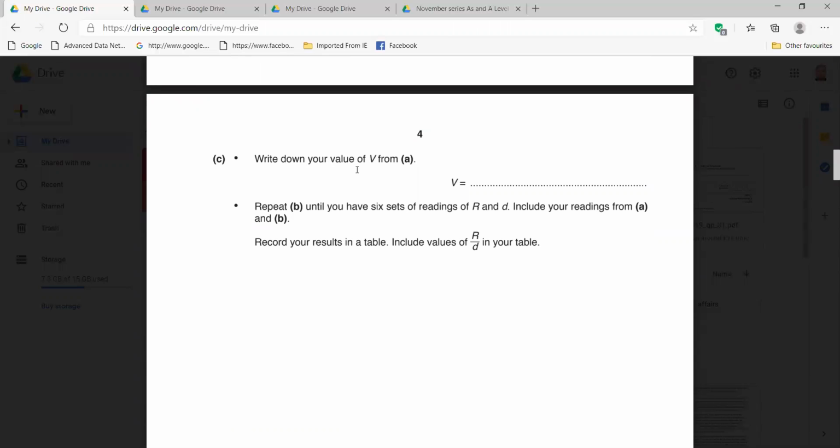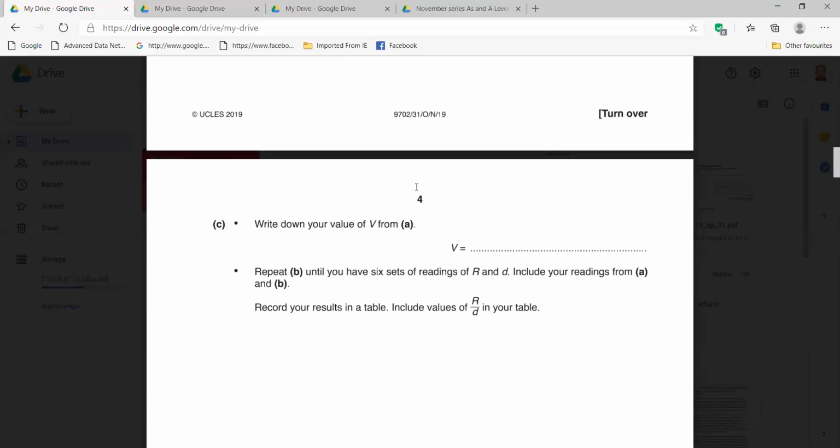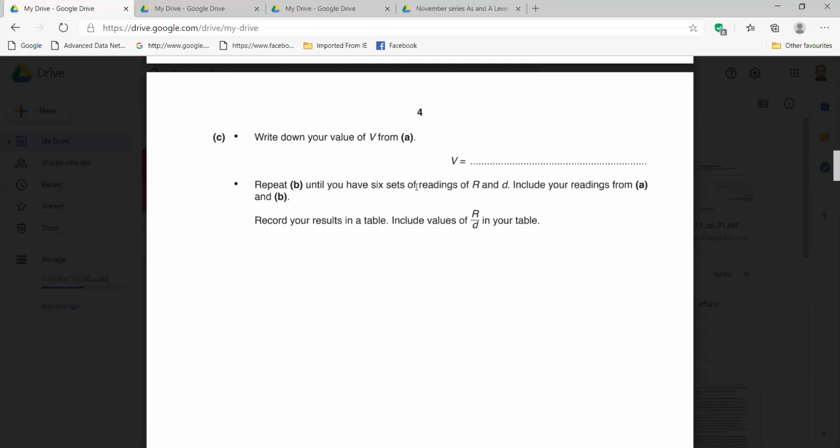Write down your value of V from A. Okay, whatever value of V you got in A, you should write here, so that you can check it, because every time you have to make the same voltage, the same process you have to follow.